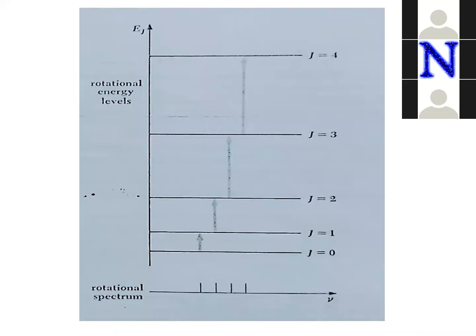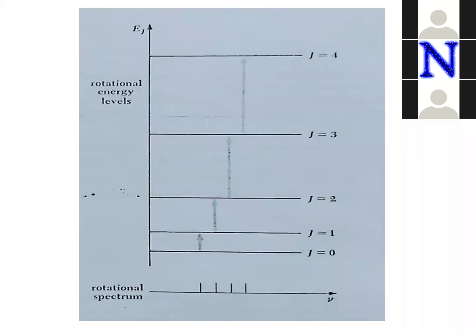If you go to J is equal to 1, it becomes 2 times some constant, H square divided by 8 pi square I, which is not a big deal, but anyhow it is a constant. So the energy increased a little. J is equal to 1 has 2 times, J is equal to 2 has 6 times. So 6 minus 2 is 4 times, which means the energy level gap became even bigger.